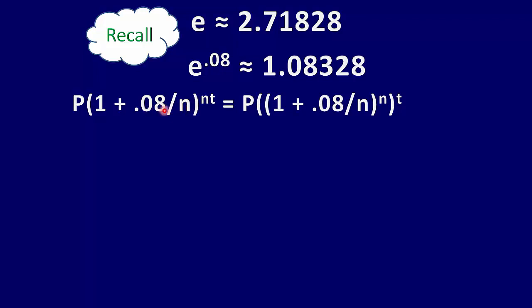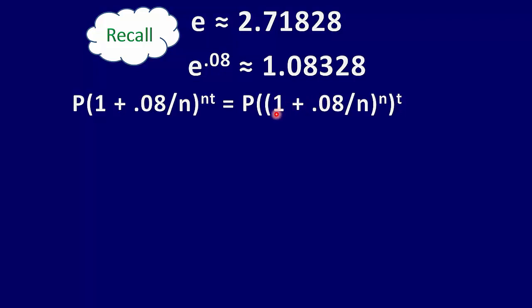I took the 0.08 divided by 4. Okay? So let's suppose we have this formula to calculate the amount of money after t years. Now notice what I can do. I can rewrite this thing this way. And notice it's the same thing. All I did was realize that, using properties of exponent, I just put the t on the outside.